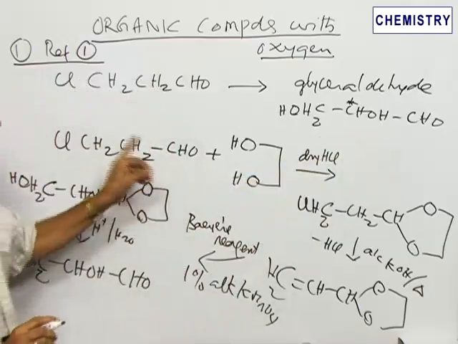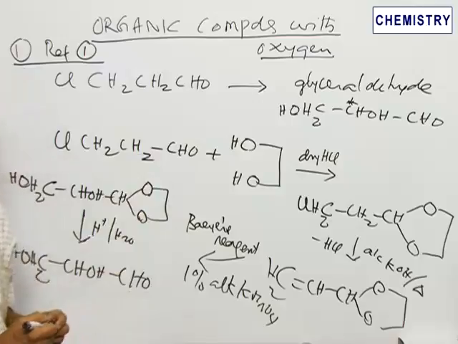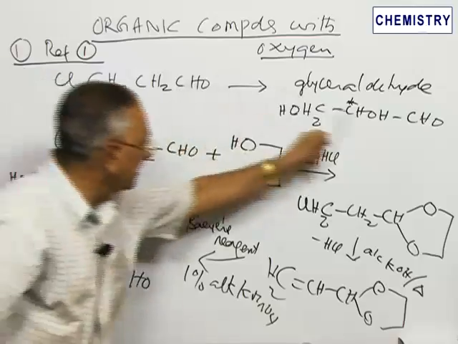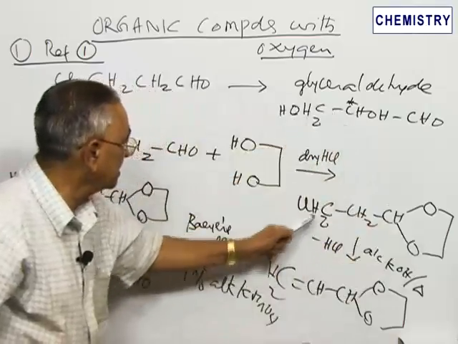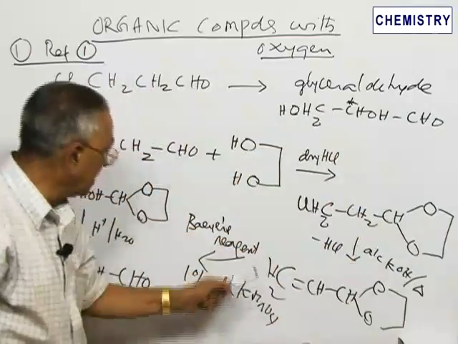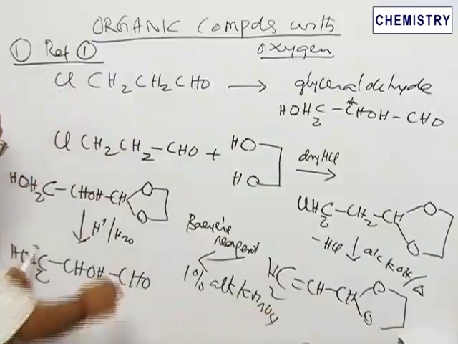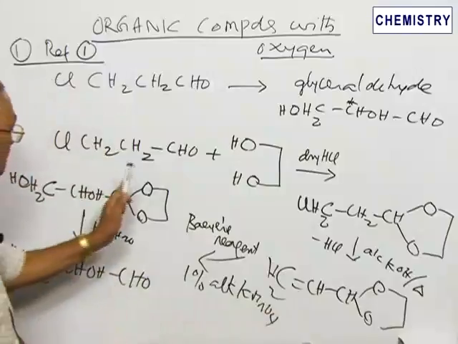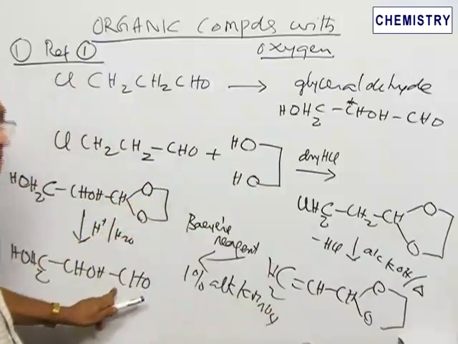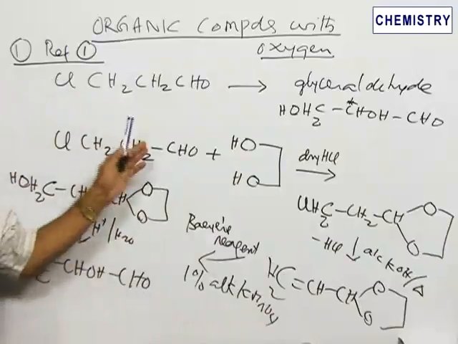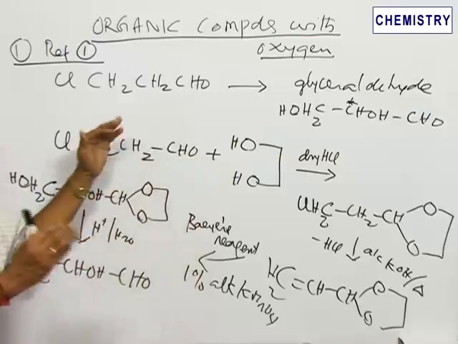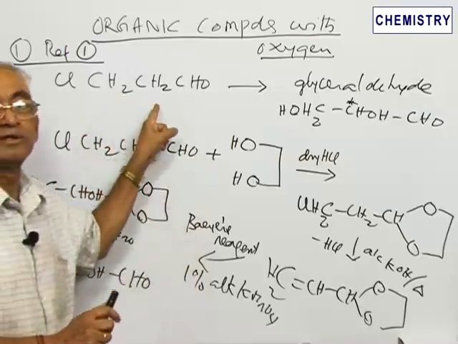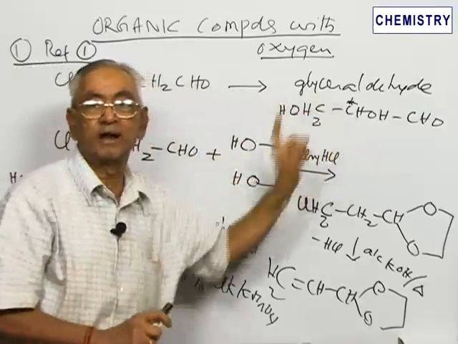The most important step in this connection is that we have to protect the aldehyde in the form of an acetal, then do a dehydrohalogenation to get the olefin, then hydroxylate that olefin to get a diol, and after that cleave the acetal to give rise to the free aldehyde. These are all the steps that are involved. About 3 steps are important. This will be the shortest route to the conversion of this compound to the final target molecule.